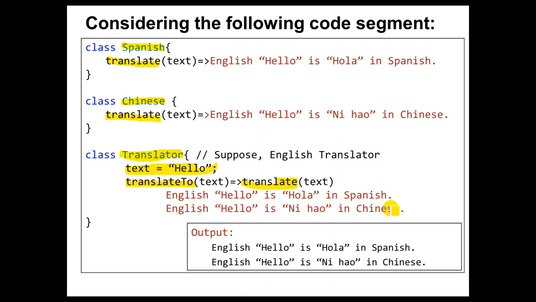One more thing I want to tell you before moving on to the next slide: I am going to implement this coding scenario in different languages such as Java, C++, and Python, and I will explain the open-closed principle with this implementation.